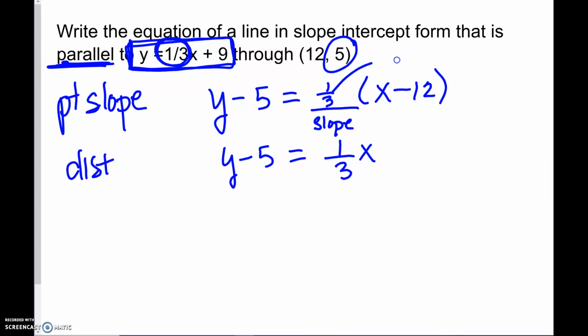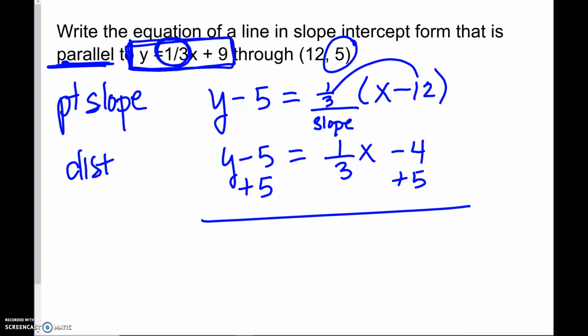You need to take 1/3 times -12. So what do we get? We get a -4. Okay, and now we need to move that 5. So because that says subtract 5, I'm going to do the opposite. So I'm going to add 5. So I get y equals 1/3 x.